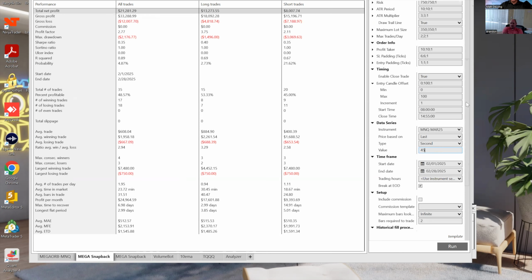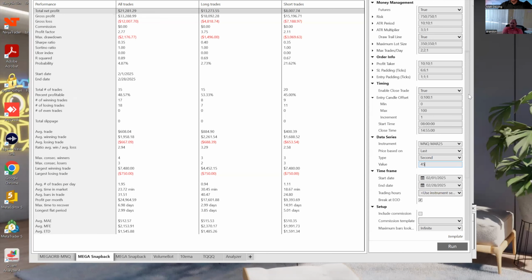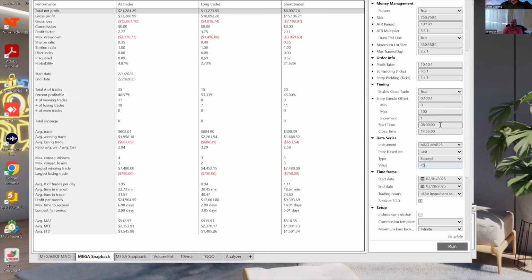That's how we do that. Does that make sense? The reason is these fields, like start time, are not really optimizable fields. So we made a new field that adds to the start time, and this is an optimizable field. It adds however many candles we want. So 0, we'll just use the exact time here, 8.